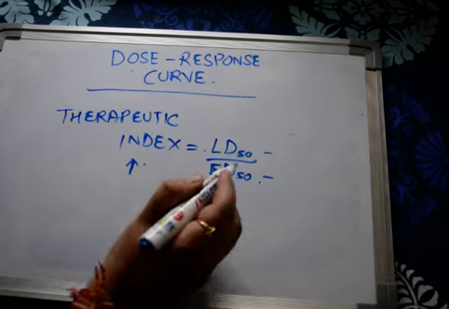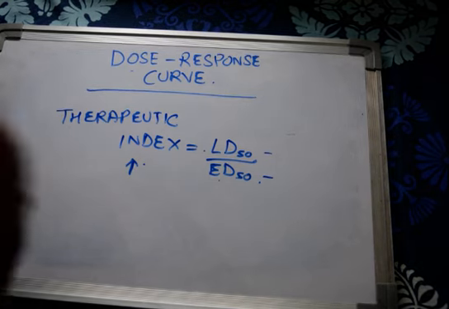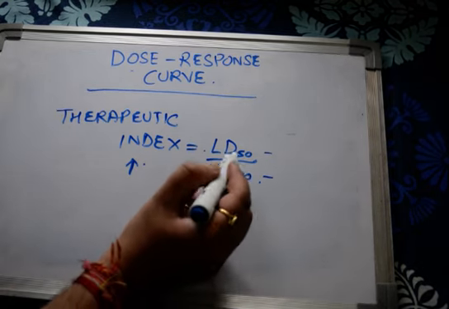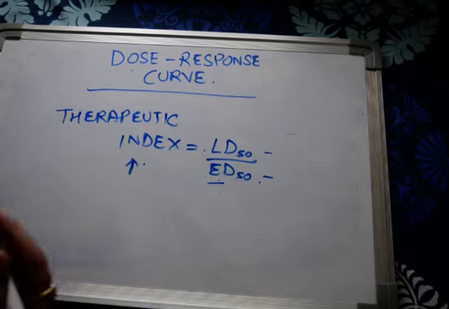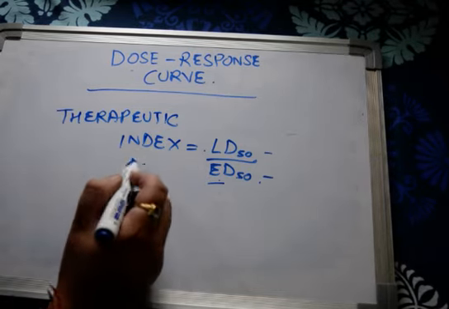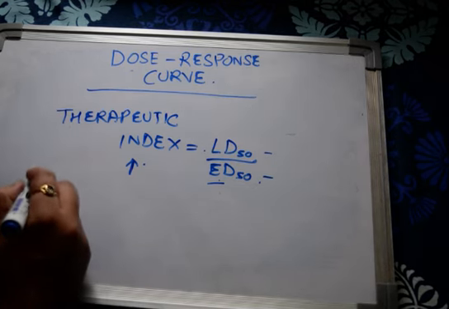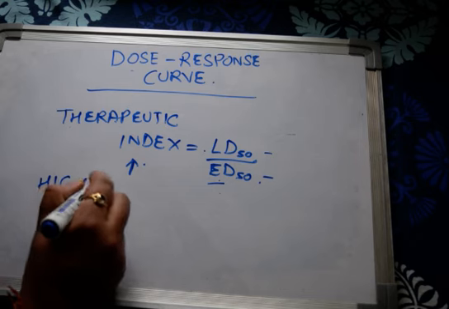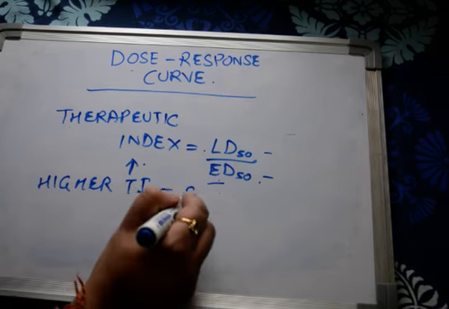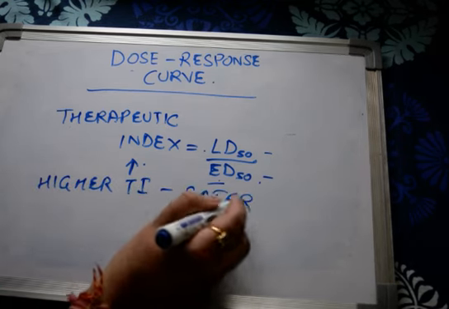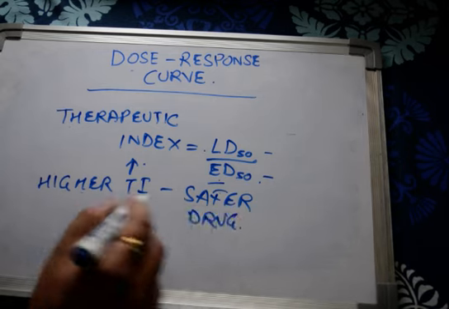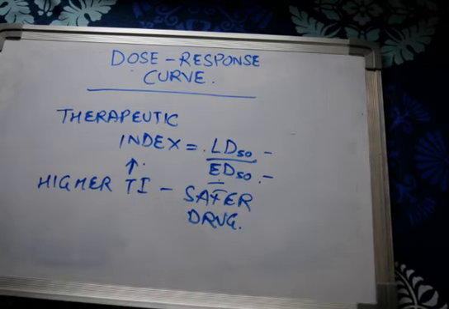Means the effective dose comes in even in a lower dose you get the effect, but the lethality is at a much higher dose. So a higher therapeutic index means a safer drug. It's a simple thing. Just on the basis of this, because the lethal dose is much higher, effective dose is much lower, the drug becomes safer in this case. Okay.